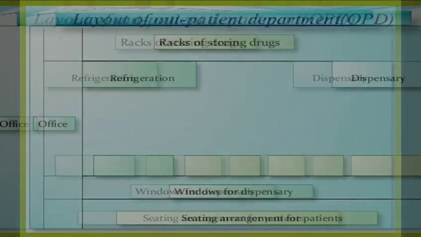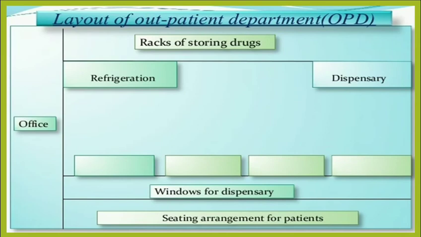Now this is one typical layout of outpatient department. First is office section, then the racks of storing drugs, refrigeration, dispensary, windows for dispensary and seating arrangement for patients.